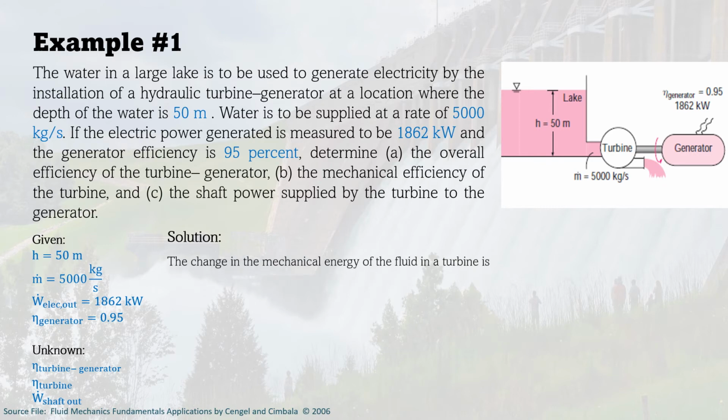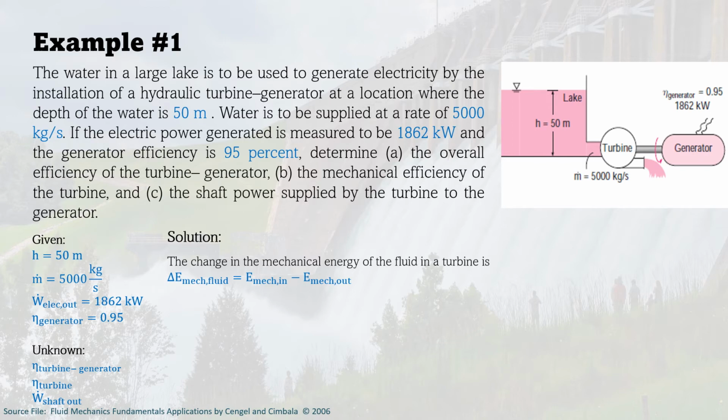So the change in the mechanical energy of the fluid in a turbine, based on the previous slide, is defined as the mechanical energy input minus mechanical energy output.